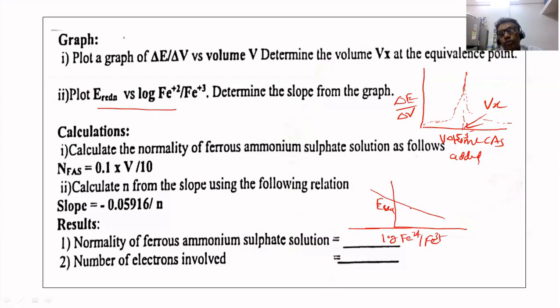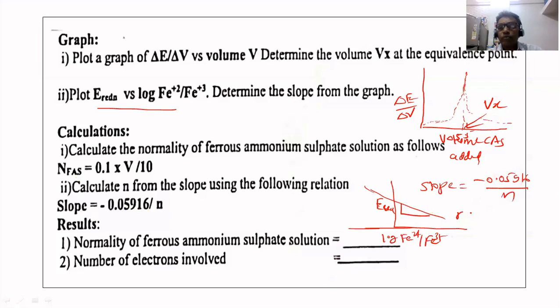Positive readings as well as negative readings we are getting here, and we have to take the slope. Slope is equal to minus 0.05916 divided by n.